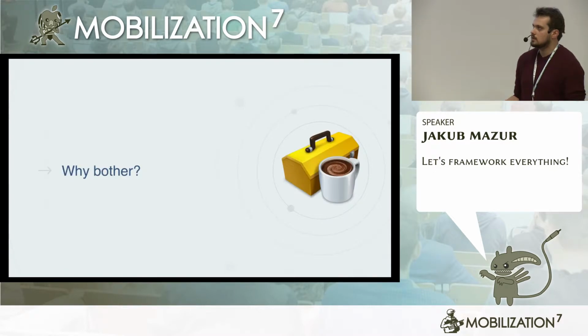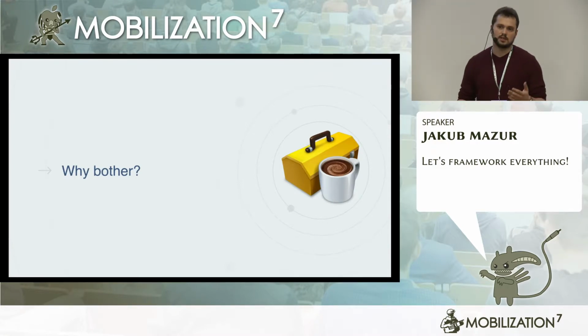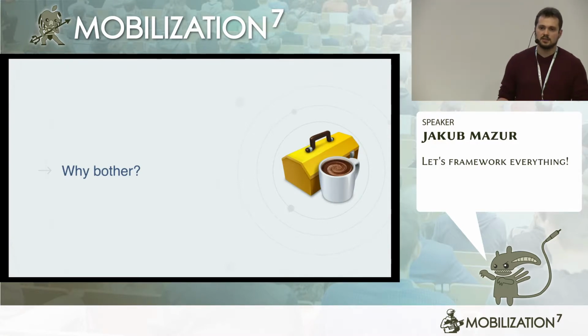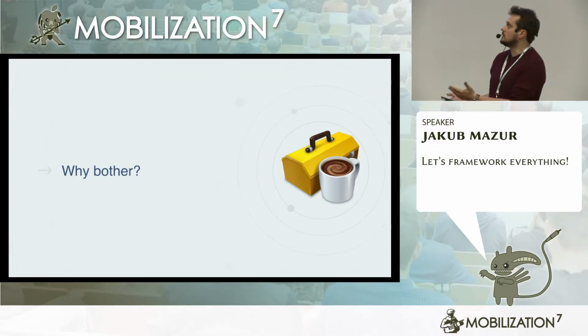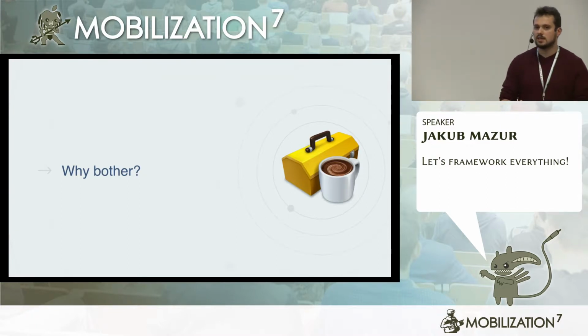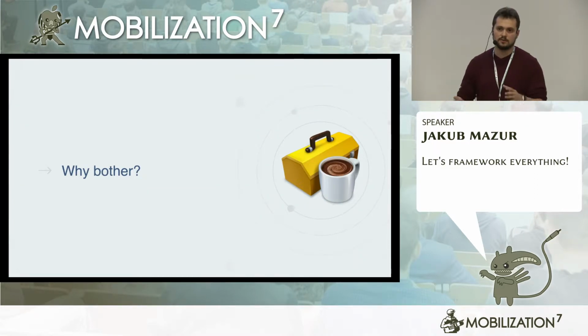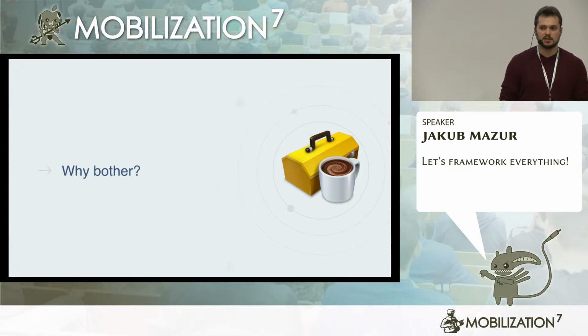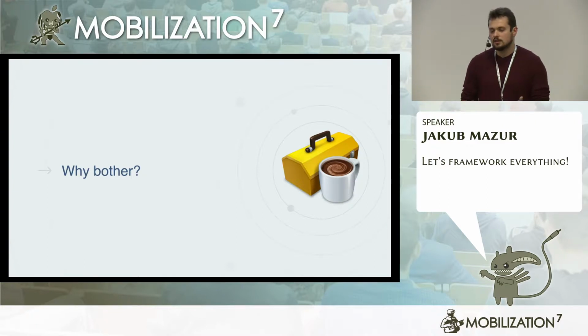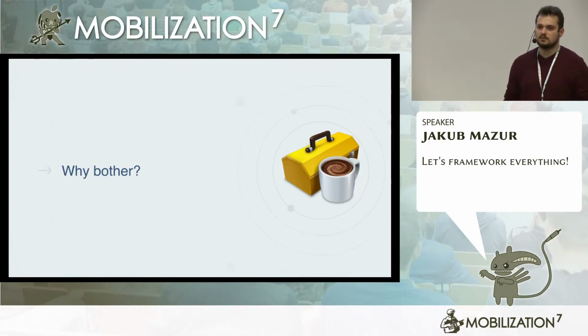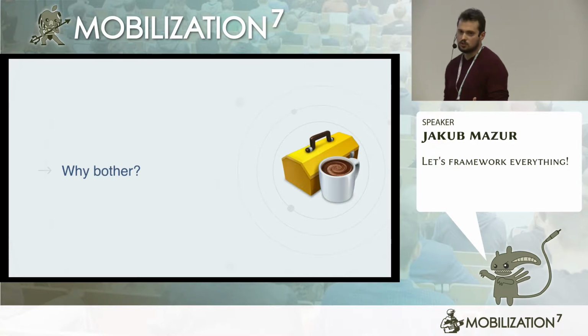And the thing is, you have one app that does it all, works, and everything's fine. And basically, what I'm telling you now is we need to split this up into 5, 10, or 15 projects and connect them to a dependency manager. And the question is, why bother? Should we really do it?